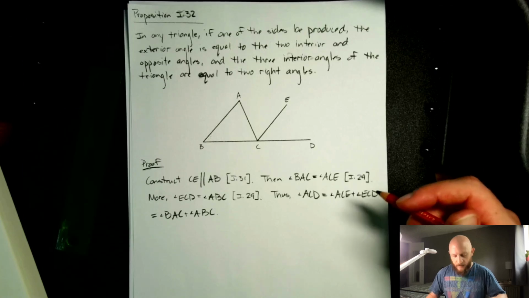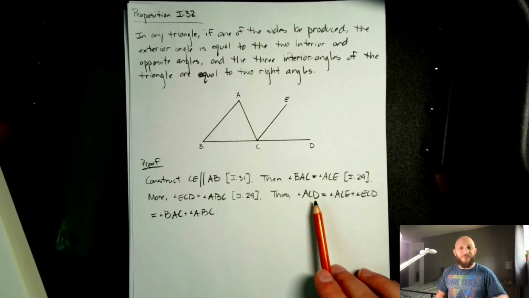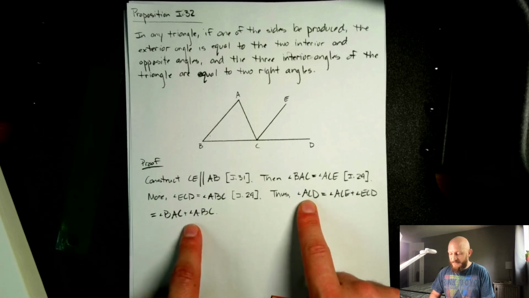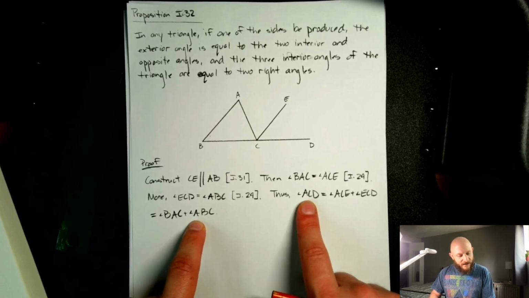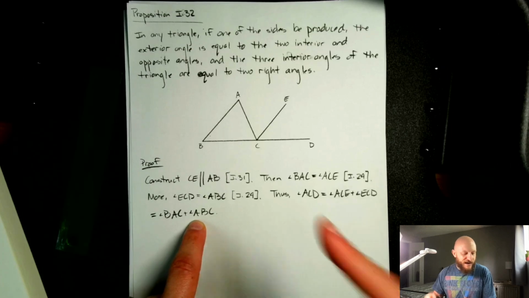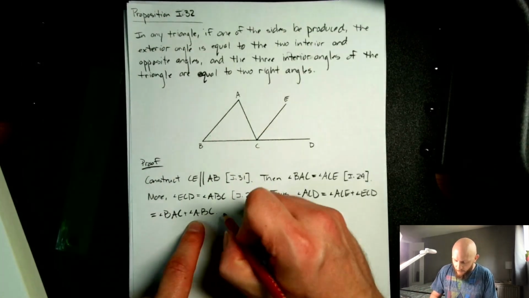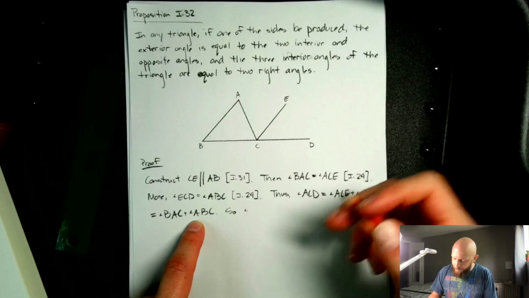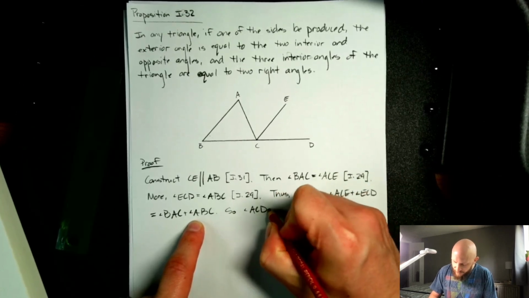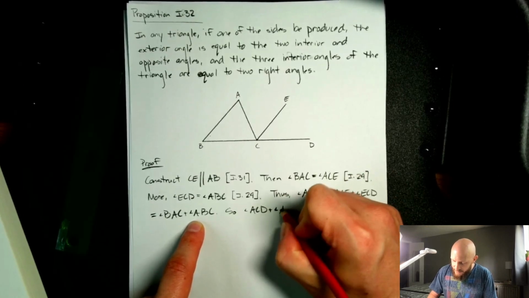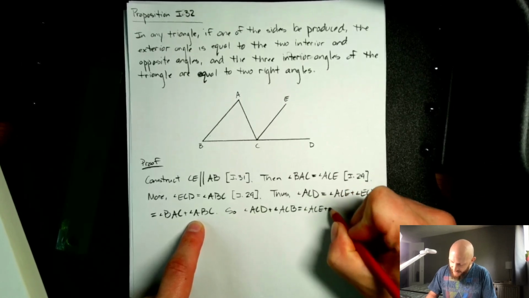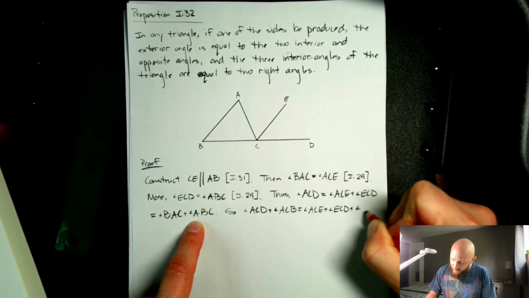Right. And then from this is where we get the very last piece. From angle ACD equals angle BAC plus ABC, we're going to add to both sides angle BCA, or ACB, as he wrote it. So we get that angle ACD plus angle ACB is equal to angle ACE plus angle ECD plus angle ACB.